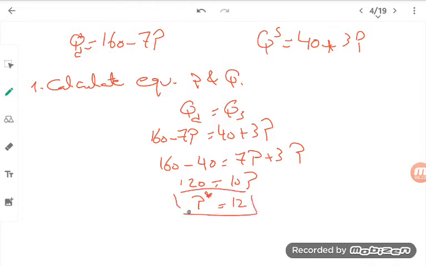So the equilibrium price will be 12. Now we are going to substitute in QD or QS in order to find the equilibrium quantity. 40 plus 3 multiplied by 12. So the equilibrium quantity will be 76.